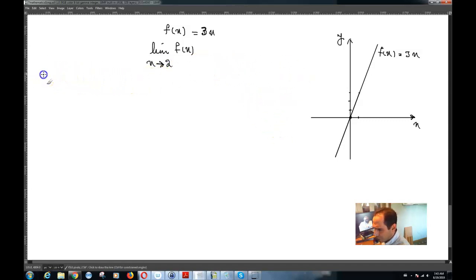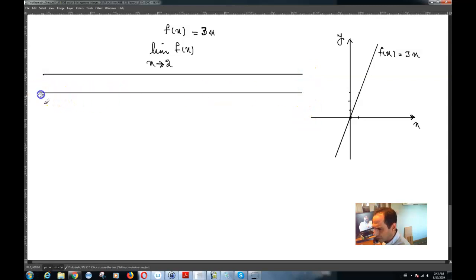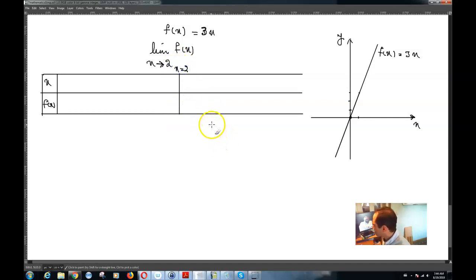So if I prepare a table over here and put all of these values, if I take this as x and this as f of x, and let's suppose that this point over here is x is equal to 2. Of course, I have to get closer to 2 from the right and from the left.